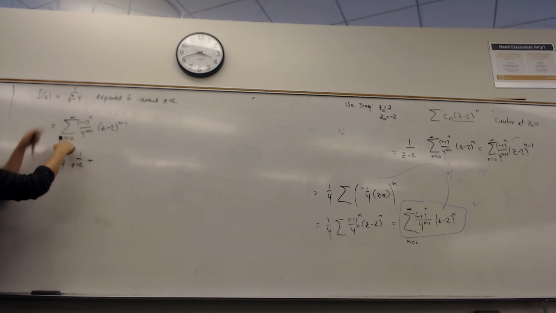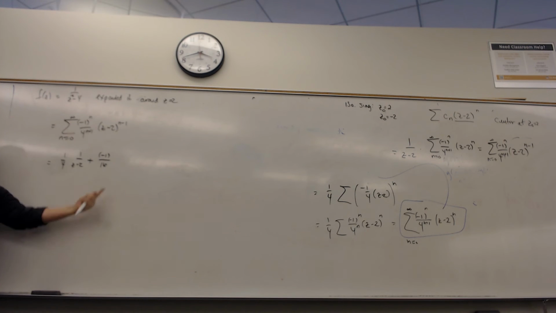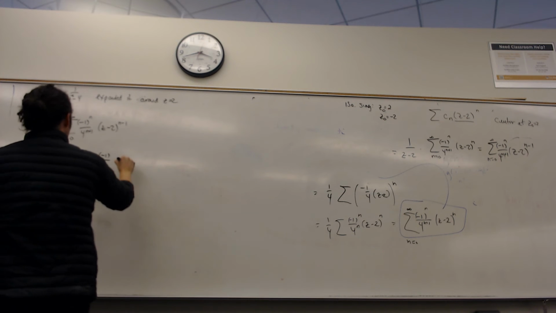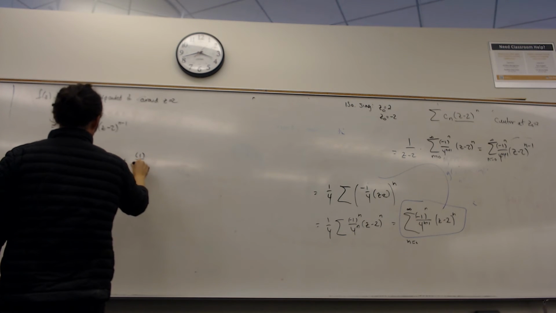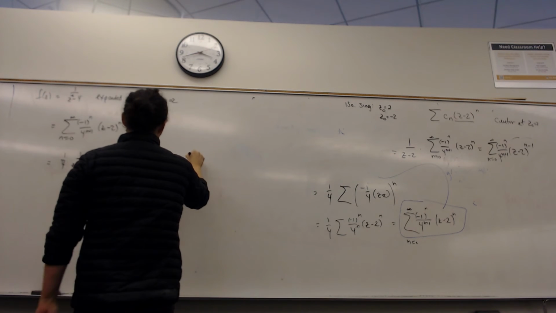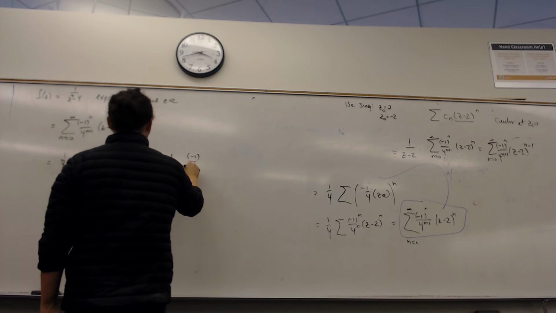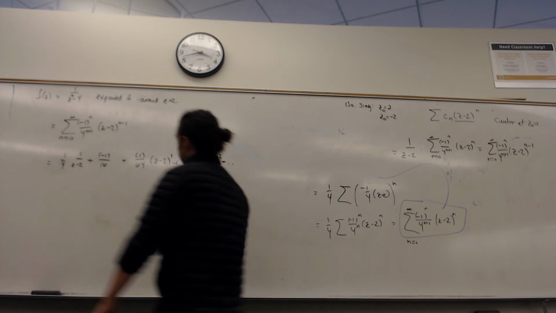Plus, now you put in 1 and you get minus 1, and on the bottom you get 16, and (z - 2) to the 0 is just 1, so minus 1/16. If you plug in n equals 2, you get positive 1 over 4 to the 3rd, which is 64, times (z - 2) to the 1st. And then you have minus 1/256 times (z - 2) to the 2nd, and so on.